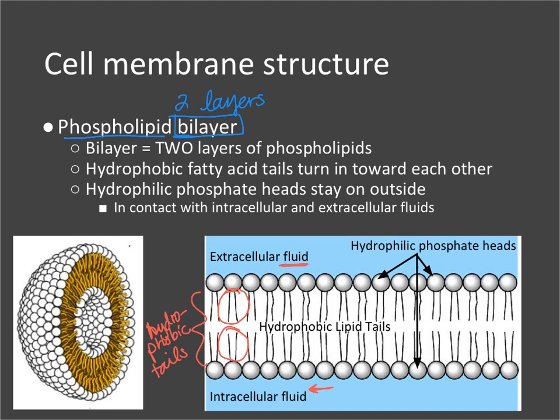And you can see in this picture a more three-dimensional look at what this phospholipid bilayer looks like. This is looking at a sphere that's been cut in half. And you can see that the hydrophobic tails are going towards the inside here, and the hydrophilic heads are on the surface.